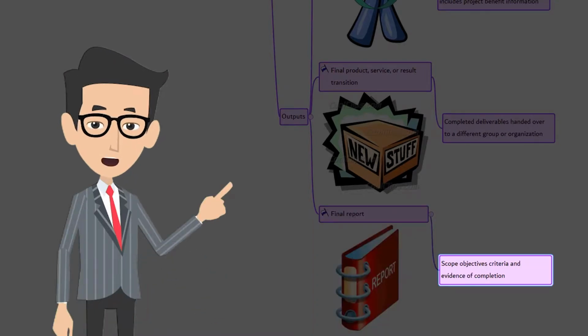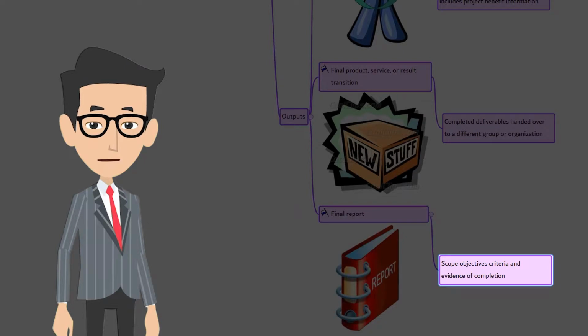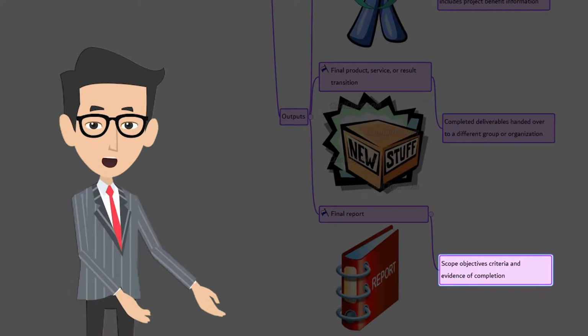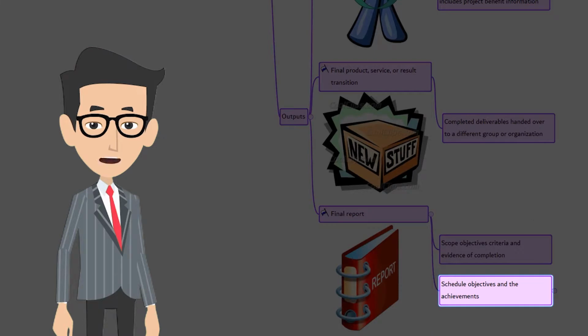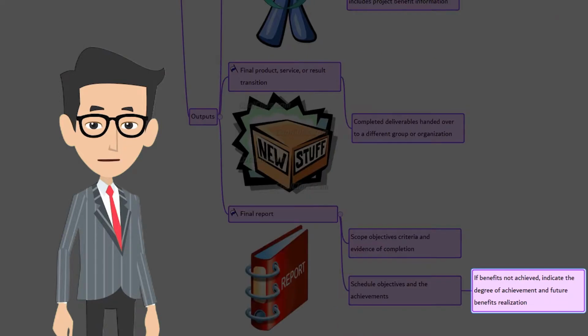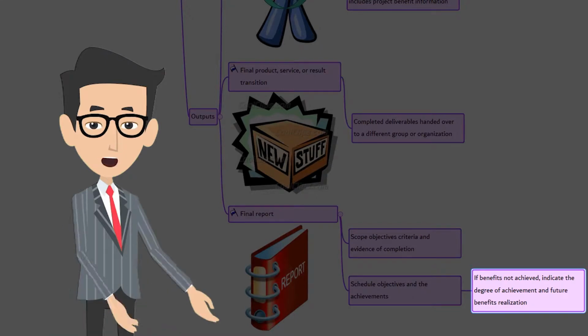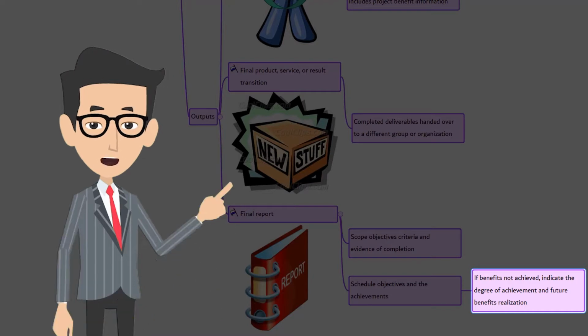Scope objective criteria used to evaluate the scope and the evidence that the completion criteria were met. Schedule objectives include whether results and the benefits are achieved that the project was undertaken. If the benefits are not met at the close of the project, then you need to indicate the degree to which they were achieved and estimate for future benefits realization.